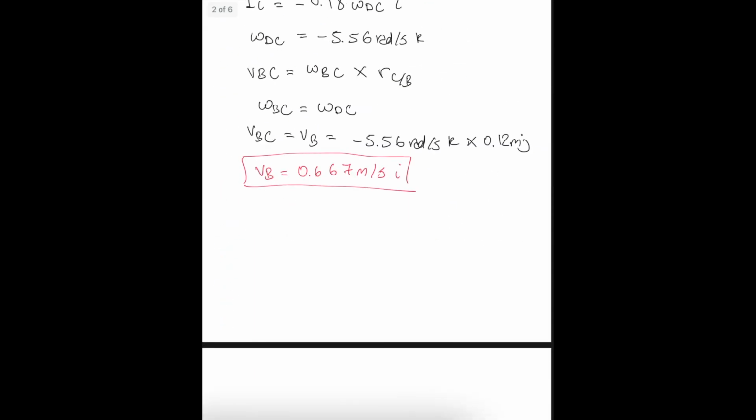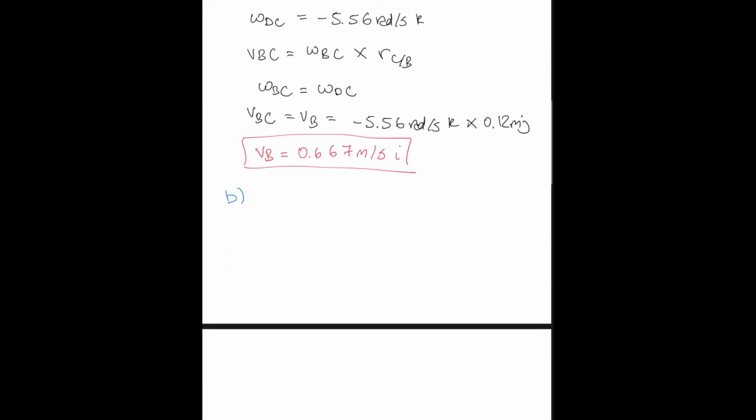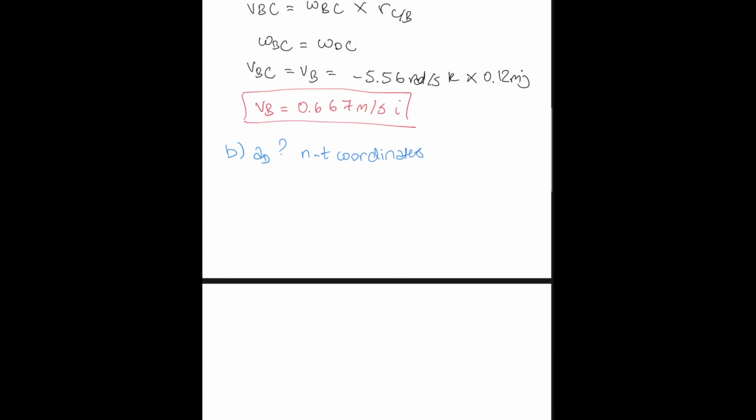Now that we've done part A successfully, let's take a look at part B. And part B is asking for the acceleration of point D expressed in normal and tangential coordinates. B is asking for AD, normal and tangential coordinates.